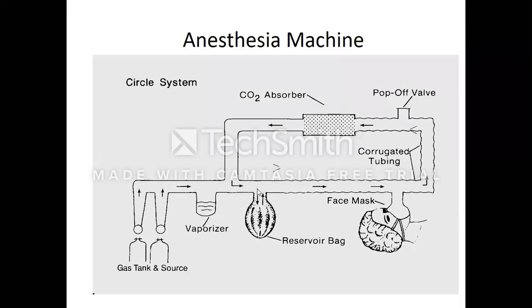So the vaporized anesthesia will pass through the intubation into the body of the patient. There is also a pop-off valve. So this is the general idea. Nobody will ask you, but just to have an imagination of what all is involved in administering general anesthesia, I am showing it to you.